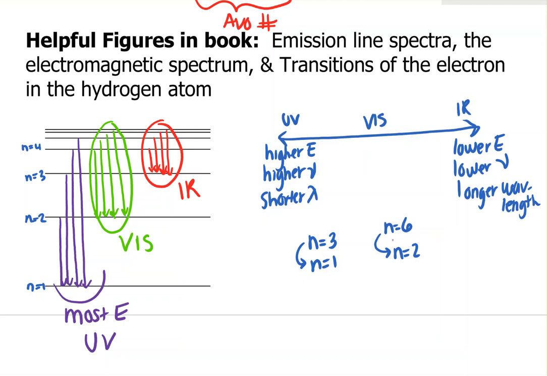This one involves more levels. What matters is where it ends because of this large gap here. So this will always end up in the UV, and this will end up in the visible, which is less energy.